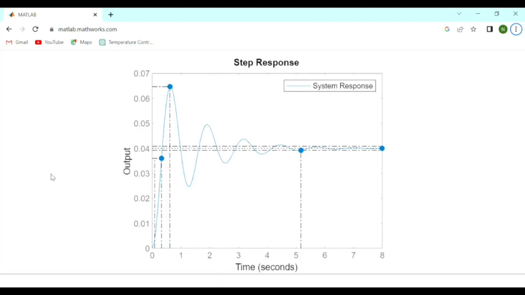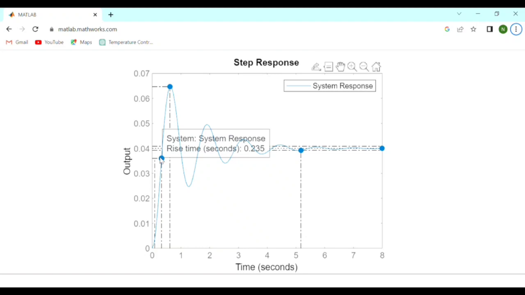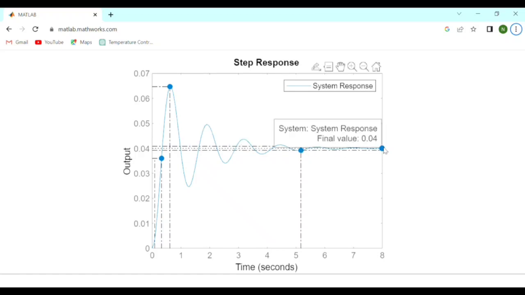This is the step response we got from the simulation. For the peak time, we got this, and this is our rise time, this is the response, and this is the transient time, and this is our final value.